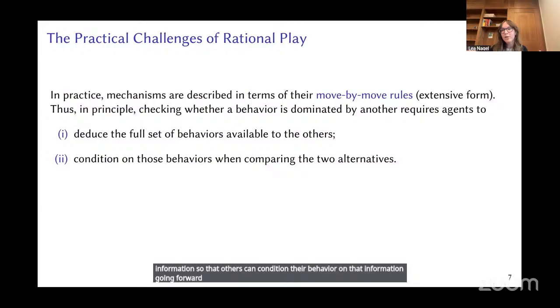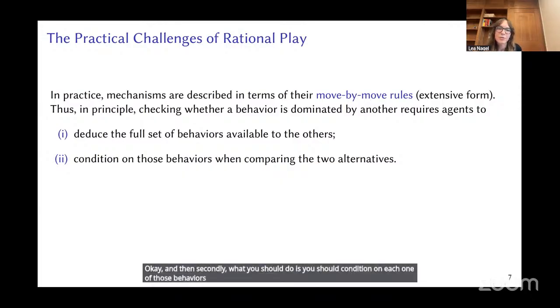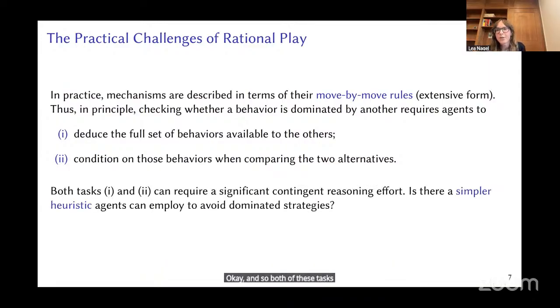This set of behaviors might be very, very large. Okay, and then secondly, you should condition on each one of those behaviors that you deduced and compare your possible alternative strategies with each other in order to determine whether any of them are dominated or not. Okay, and so both of these tasks can require lots of contingent reasoning, lots of reasoning about hypotheticals.